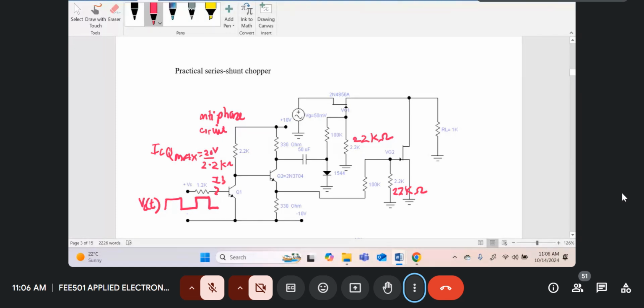The proper IB for the design should be able to drive Q1 into saturation. So IB will be equal to the peak value of VC of T minus 0.7 volts. I think that's getting messy here. Let's forget it.